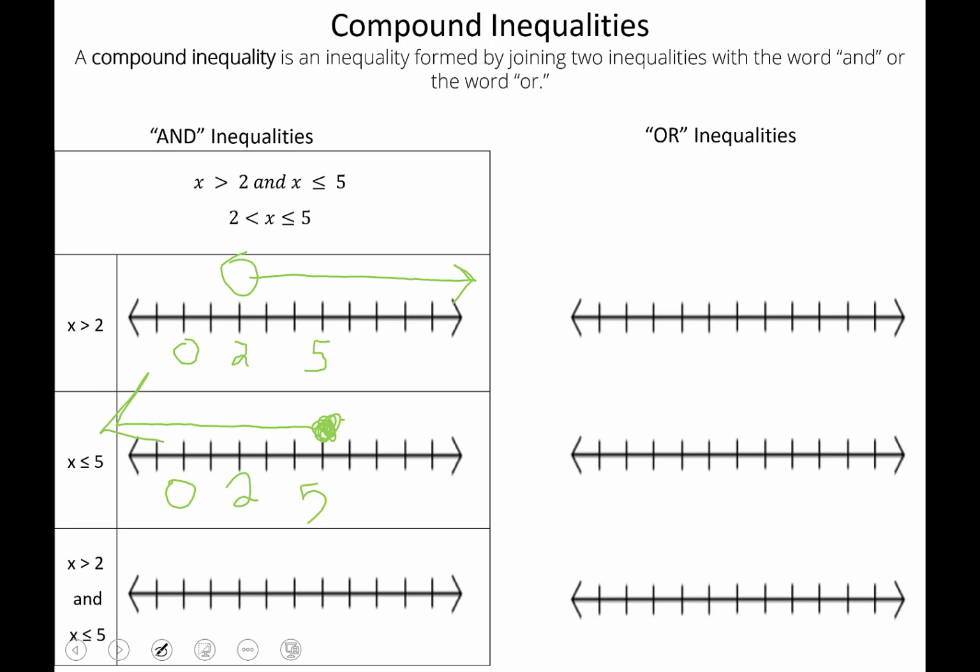So now when we're talking about an "and", well, that means one thing and the other. You have to have both.